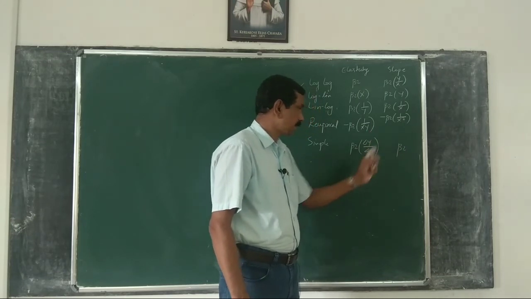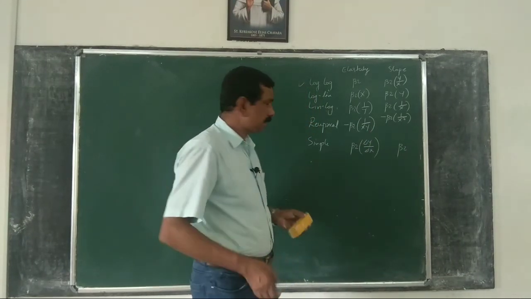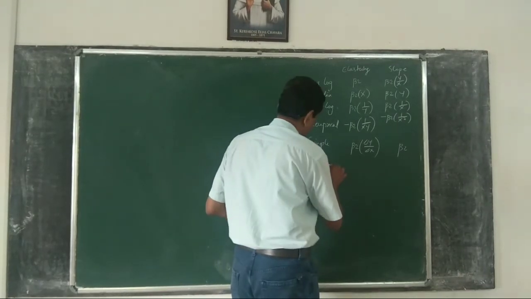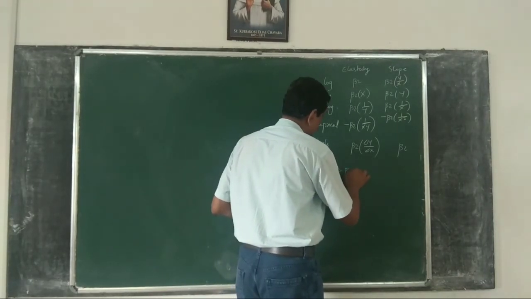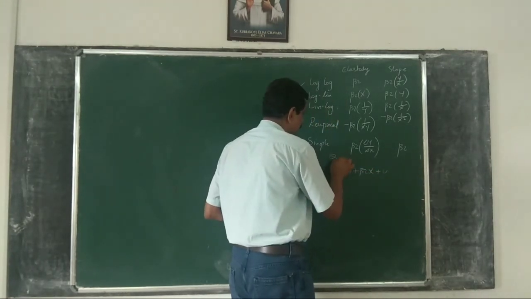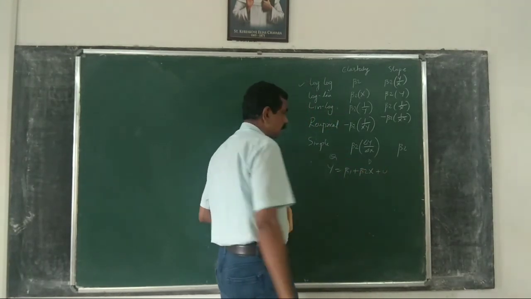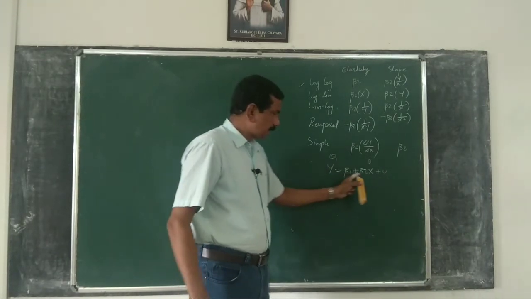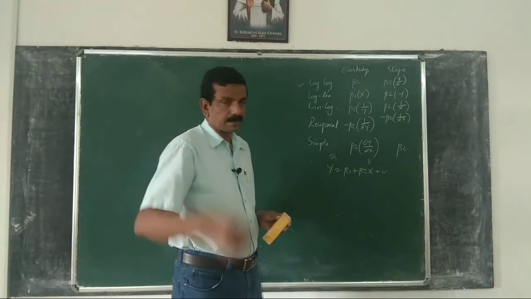Slope is beta 2. Now suppose that you are estimating a function like this: Y is equal to beta 1 plus beta 2 x plus u. Suppose this is quantity and this is demand. You will get an estimate of the slope only.